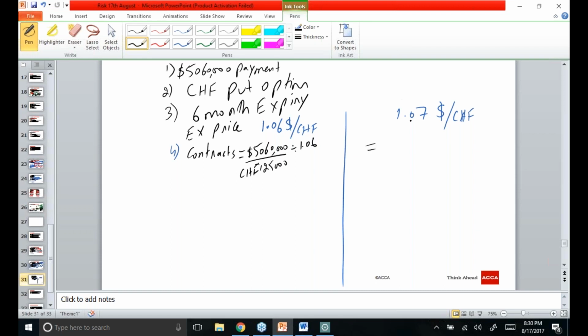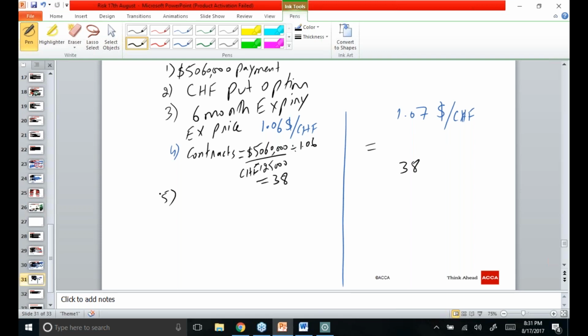The same will happen here, but it will be converted at 1.07. So the number of contracts is 38.18, but we will round it off to 38. And it will also be rounded off to 38.